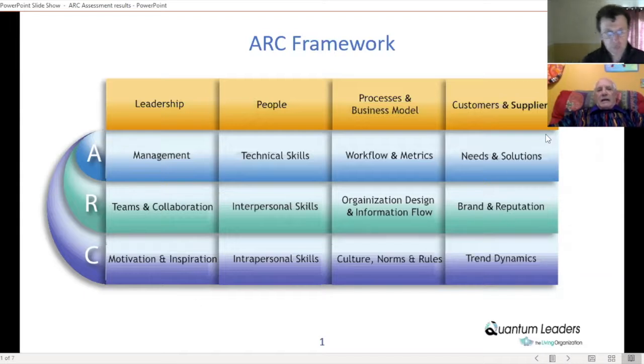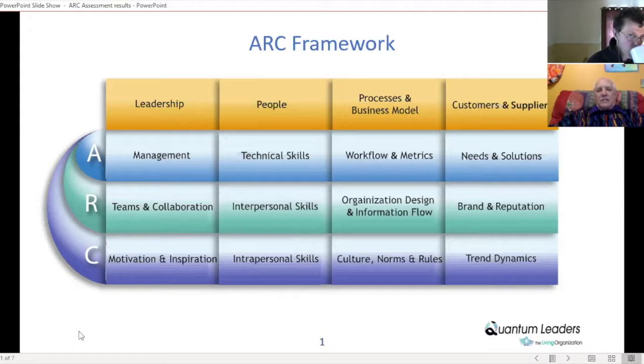And the people is where all of the fundamental energy of the organization comes from. When we apply the ARC model to it, i.e. activity, relationship, and context, you can see, roughly speaking, how it relates to the people.